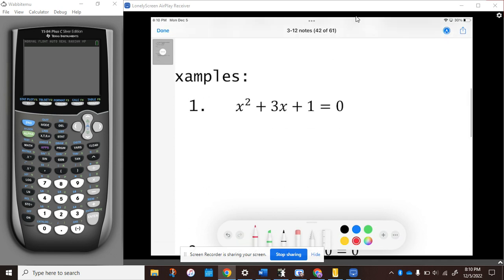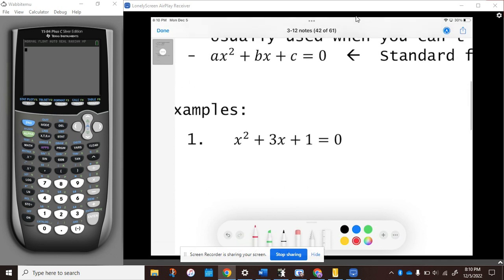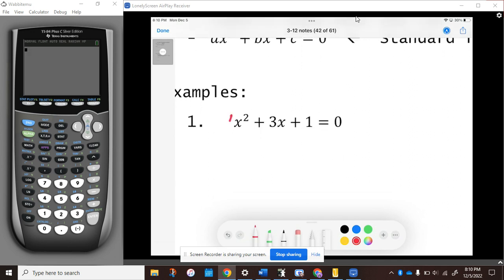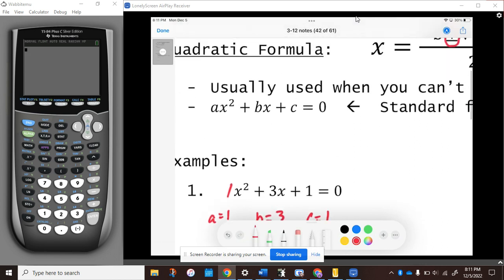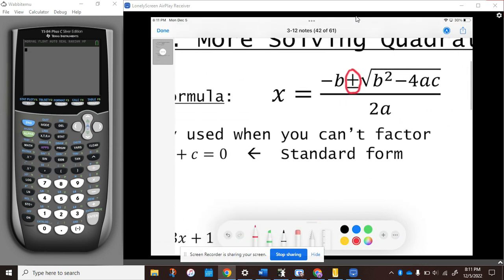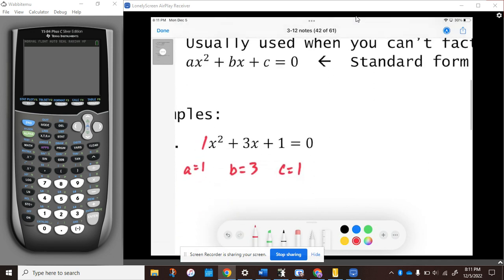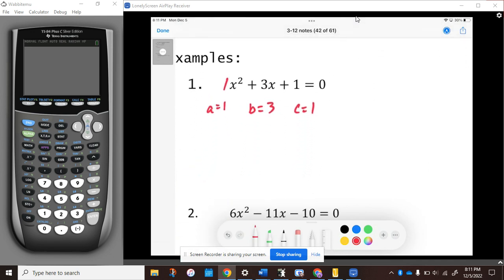So all we're going to do is take our a, b, and c. We see that a is 1, b is 3, and c is also 1. So when we plug everything into the formula, looking at negative b, x equals negative 3 plus or minus a big old square root.